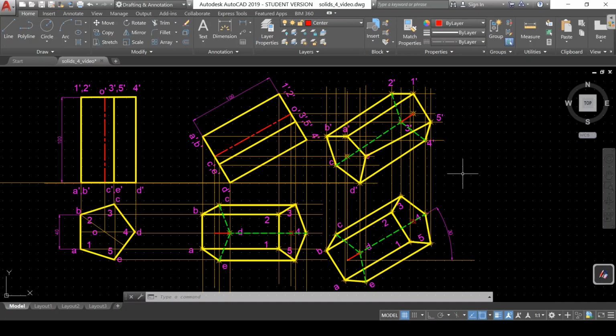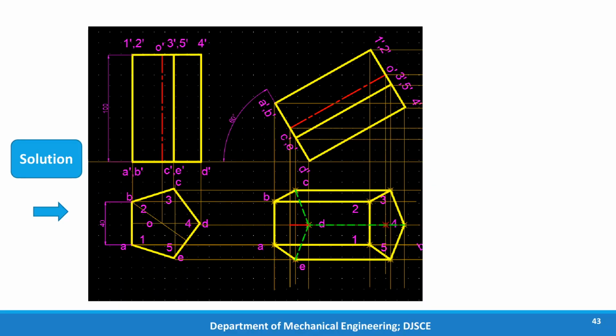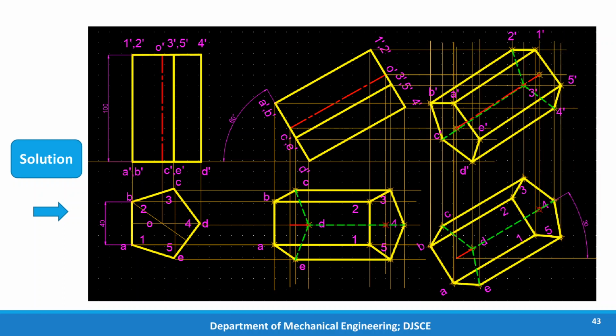So this is how we have completed the front view in the third step, and this is the complete solution of this sum. So this is the complete solution, all the three steps connected.